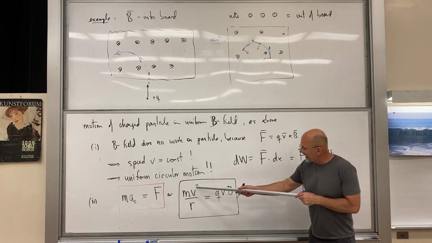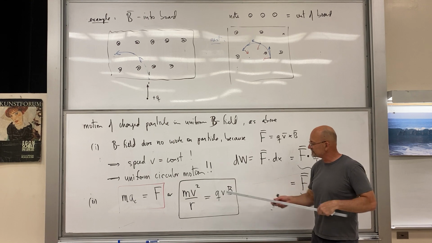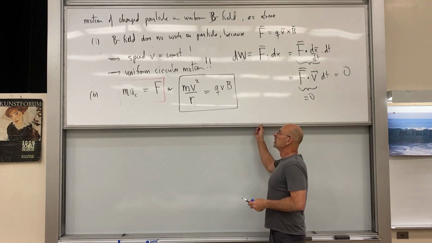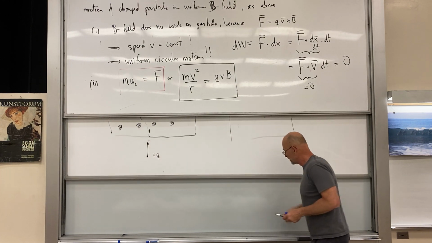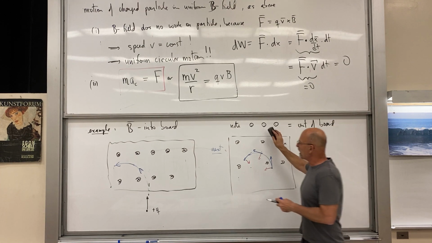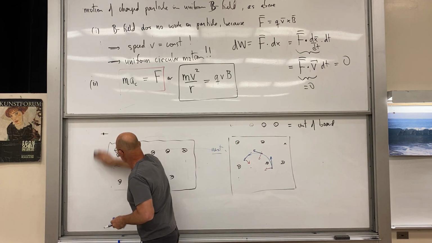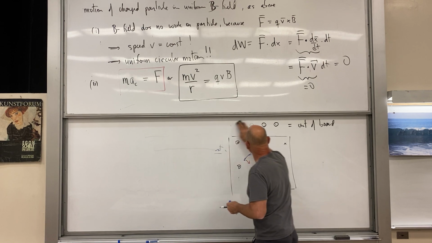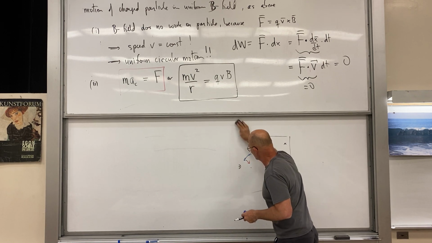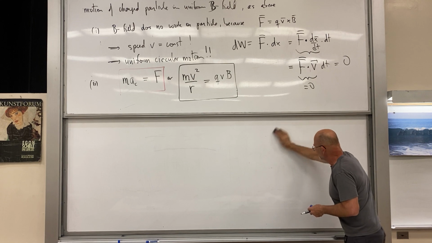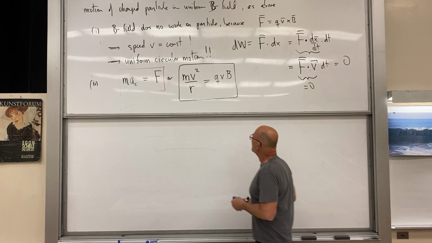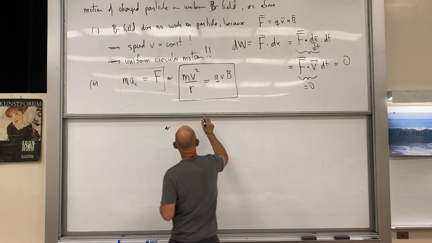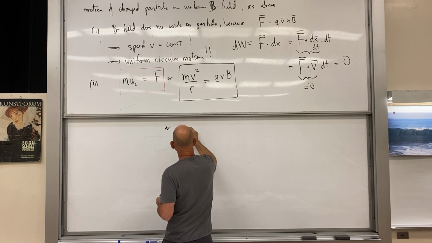You'll notice we can cancel one of the V's, and we're going to do that. I'm going to rewrite this solution that relates all of these quantities. First we'll just cancel this.